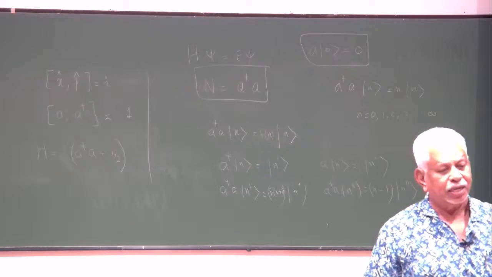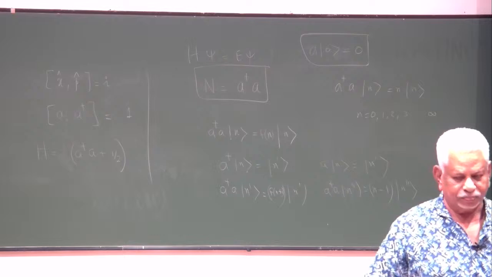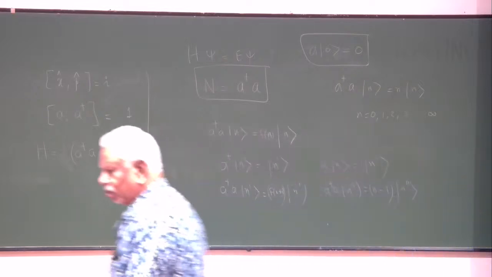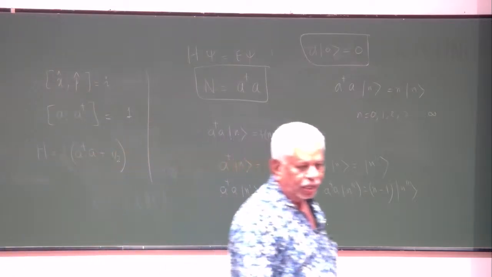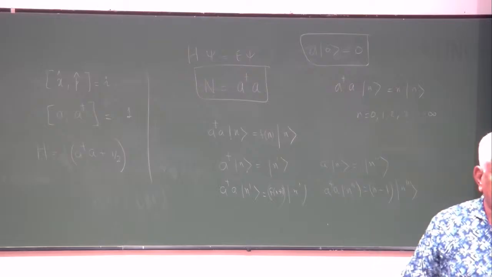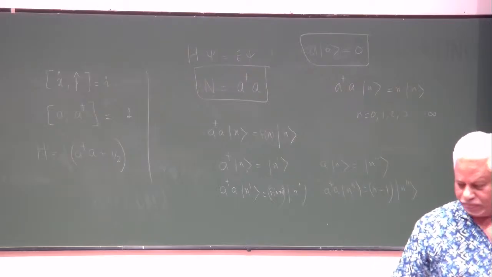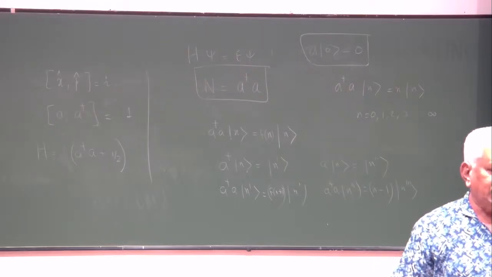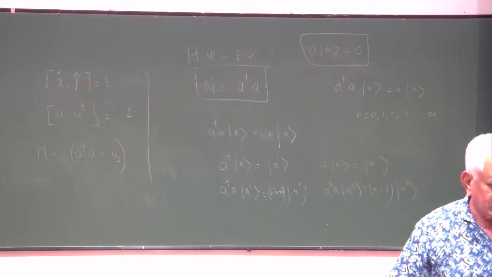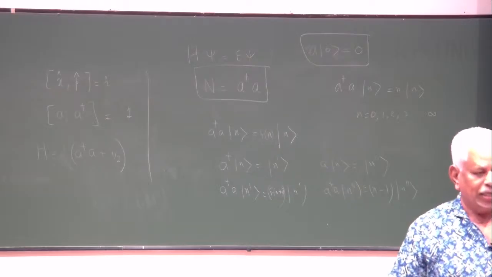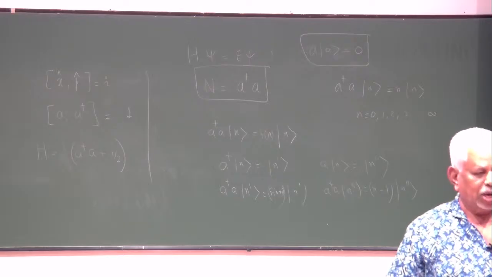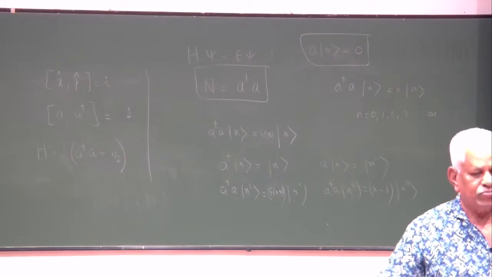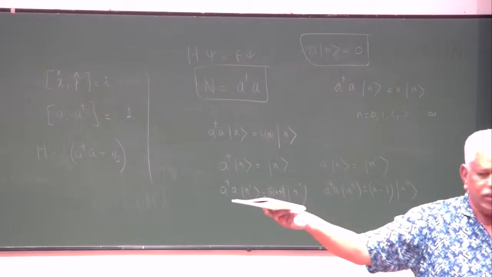And N, A dagger A, gives you the number operator. If you take a book on quantum mechanics by the Japanese physicist Sakurai, in his introduction he compares the A operator, A dagger operator, and N operator to Hindu mythology: Shiva annihilates, that is A, and A dagger creates, that is Brahma, and Vishnu provides whatever prosperity we want.